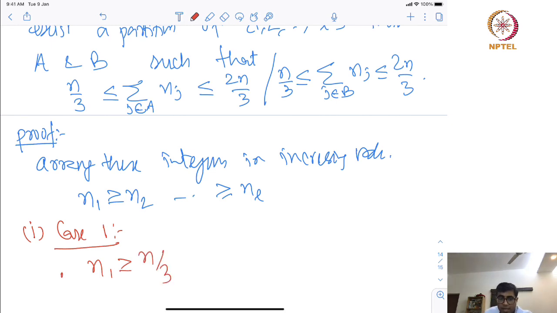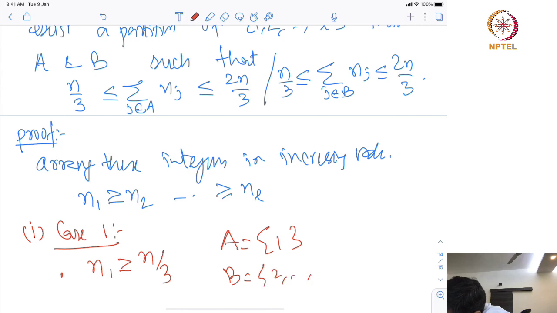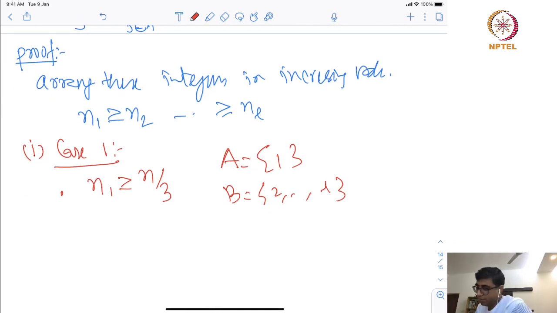This is our first case. If n1 is greater than or equal to n by 3, then I am going to take A equal to {1} and B equal to 2 to L. Let us see why this satisfies the whole thing.